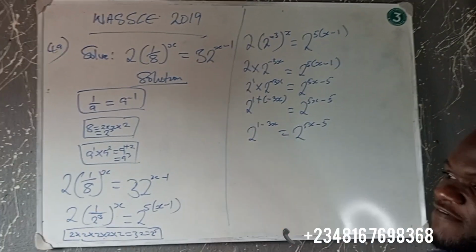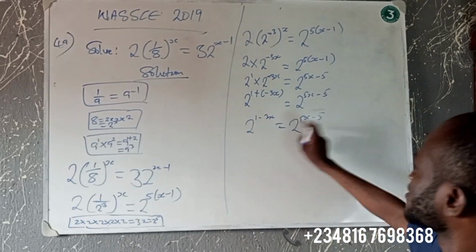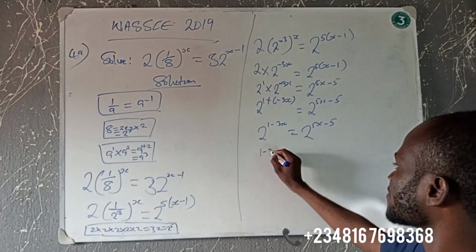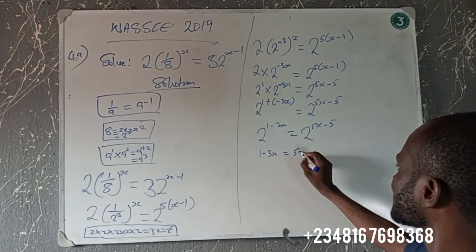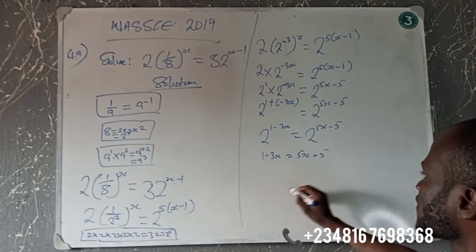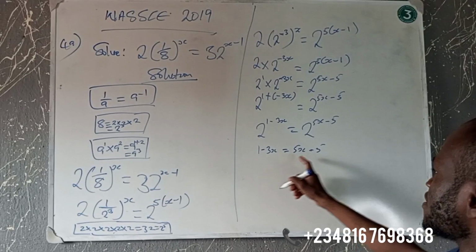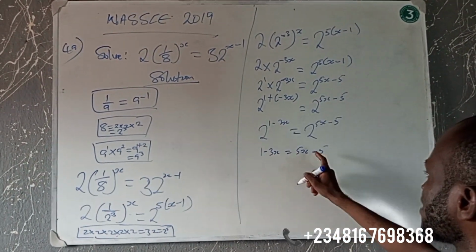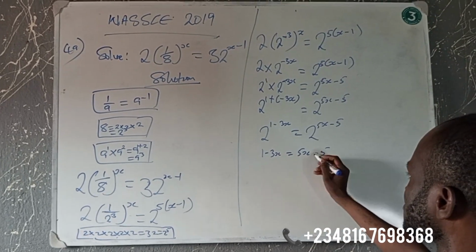Because I have the same base here, it means that the powers should also be equal. So equating the powers, we have 1 minus 3s equal to 5s minus 5. Collecting like terms now, this one coming this side, and this one coming this side. This is minus.